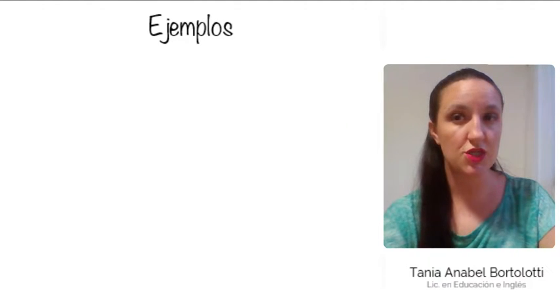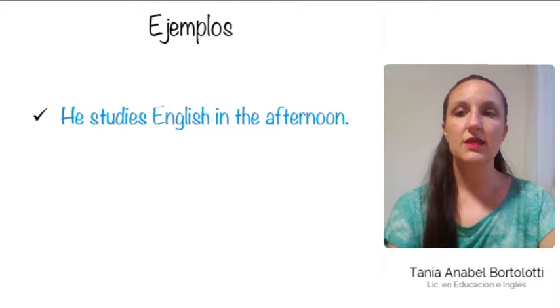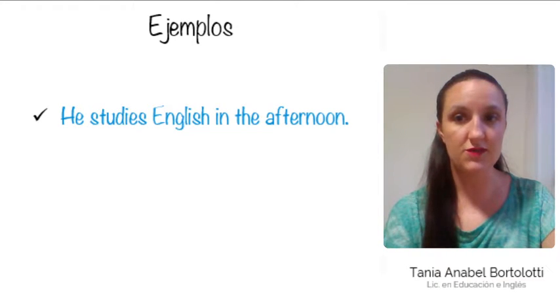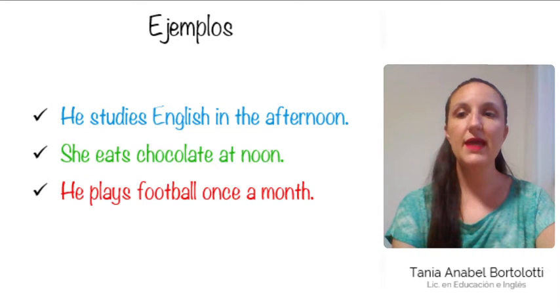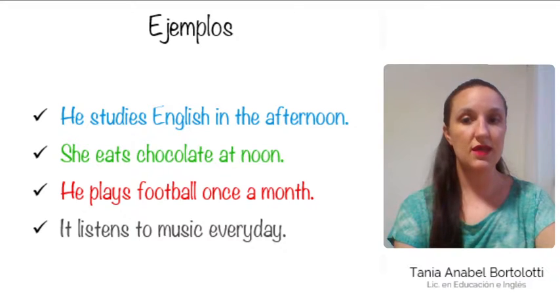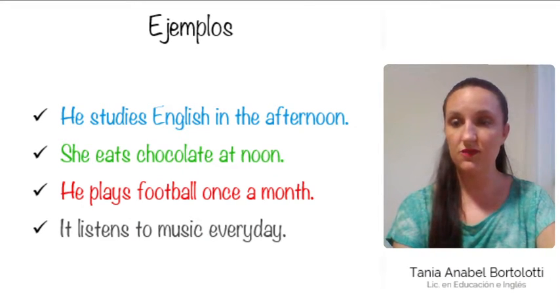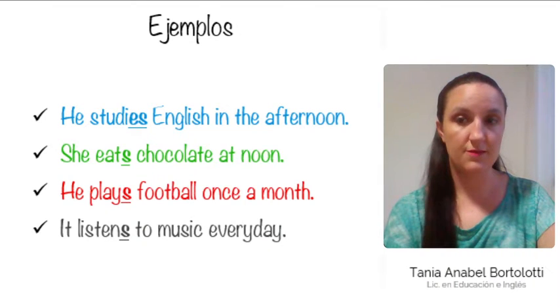Now pay attention. What happens during these examples? He studies English in the afternoon. She eats chocolate at noon. He plays football once a month. It listens to music every day. In these four sentences, we can see that the verb has changed.